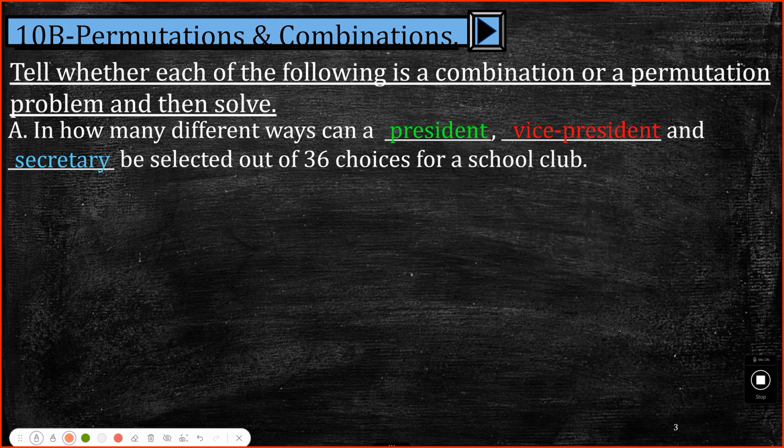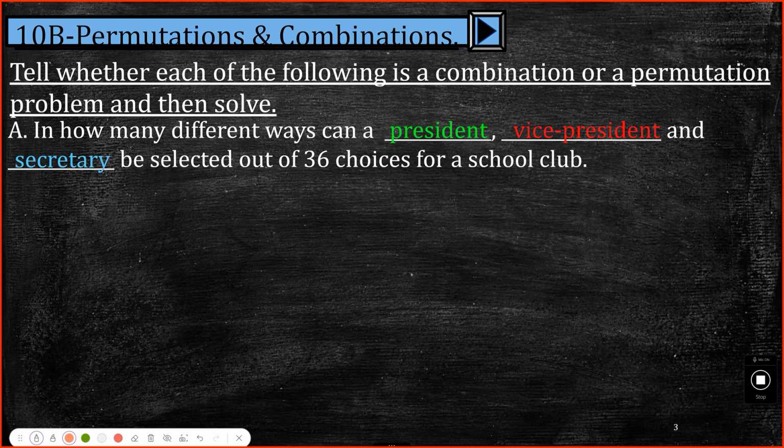That's just the warm-up problem. How many spots do we have? No. You have 36 people in the club. And let's say in this particular situation, they all want to be president.